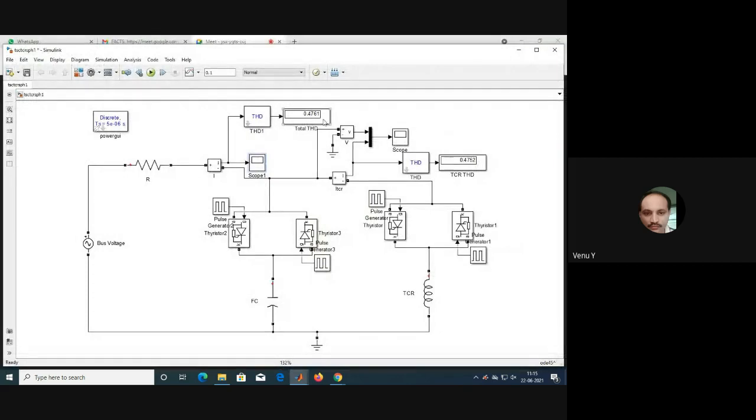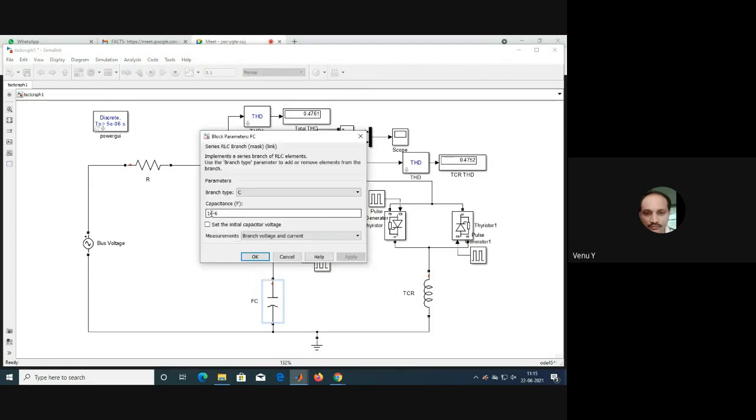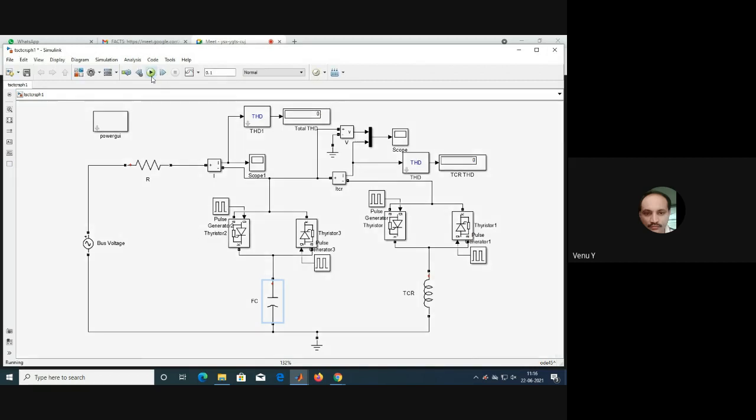Therefore, the THD content is 47.6. Okay. Let us change this one to 0.8. 47.58.